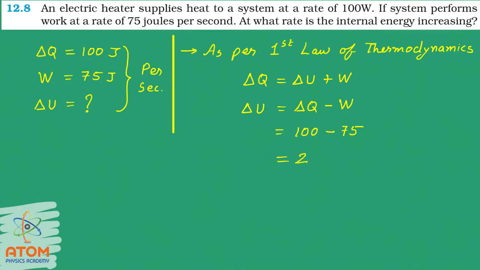That means it will be 25 joule per second. Delta U, that is the increase in internal energy, will be 25 joule per second. I should add per second. Very simple question, isn't it?